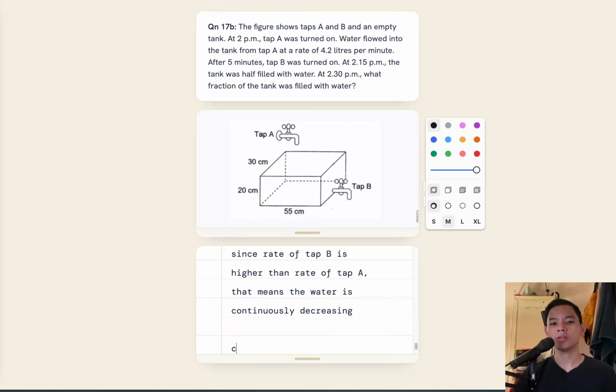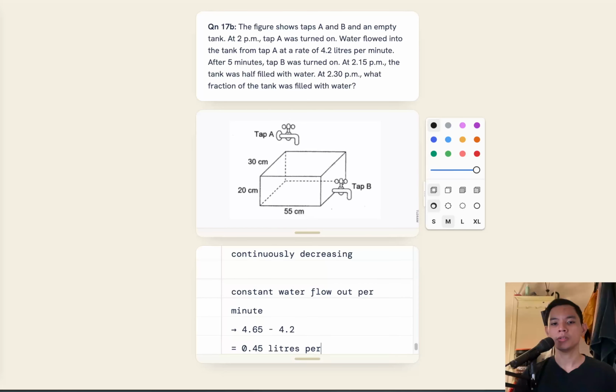So the constant water flow out per minute will then be 4.65 minus 4.2, and this will be 0.45 liters per minute. The number of minutes from 2:15 p.m. to 2:30 p.m. is equal to 15 minutes.